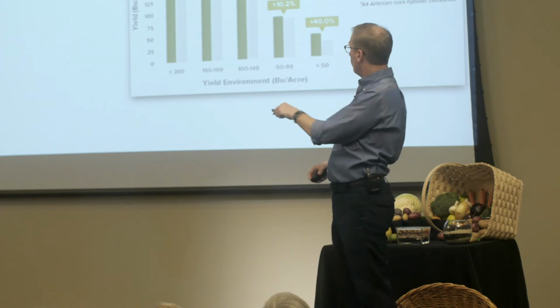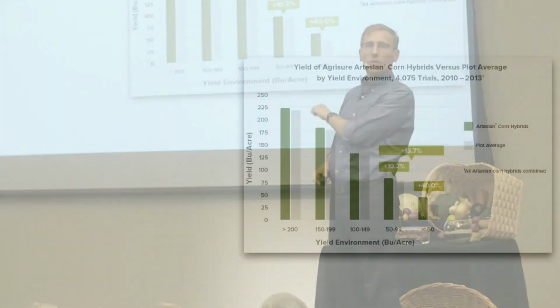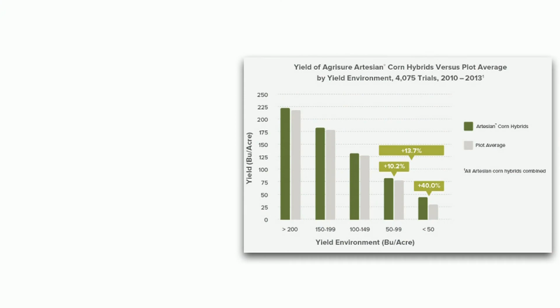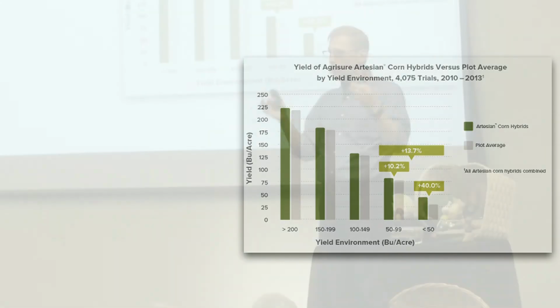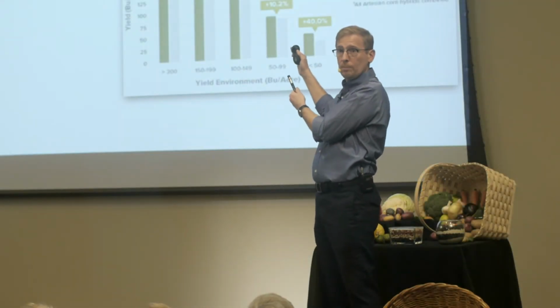These are their yields. Generally, the further down to the right we go, the less water. So high yields when there's enough water, lower yields when there's not. The gray bars that you probably can barely see, so look to your handout, are the traditional commercially available varieties. The green bar is this specific brand of corn.